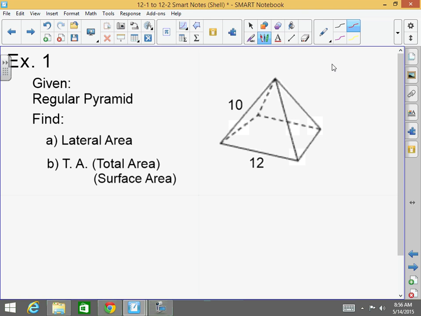Well, the lateral area would be what here? Do we have the height? No, we don't. I need to find this height here.